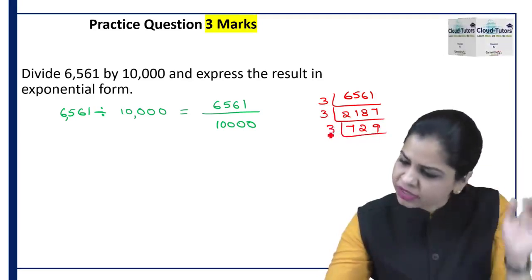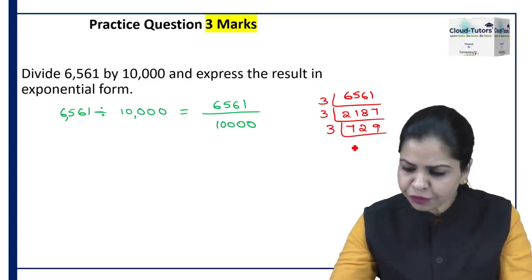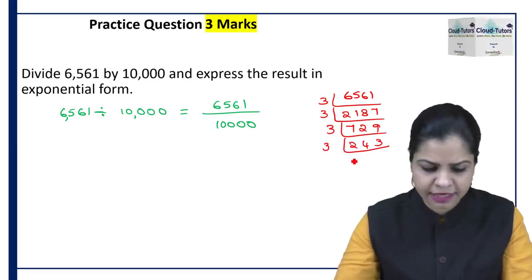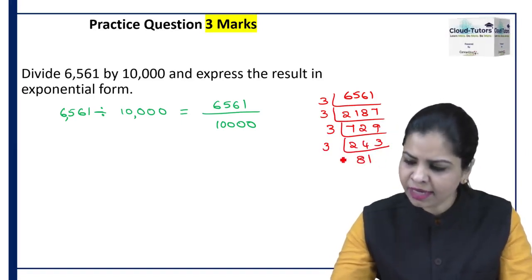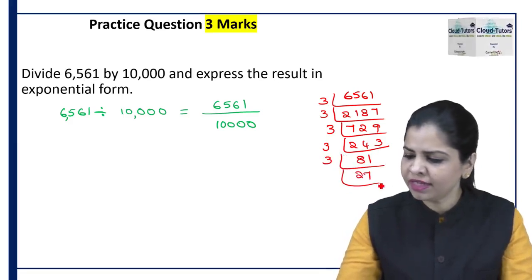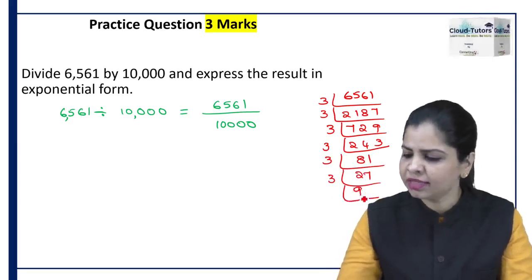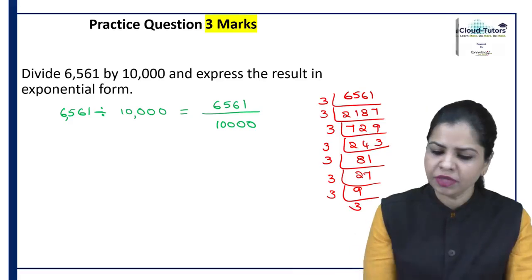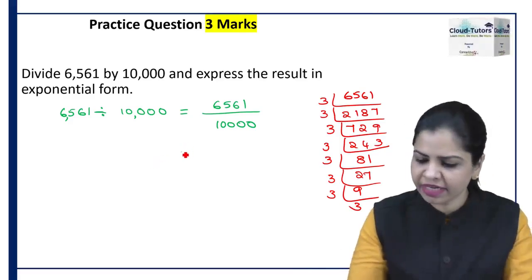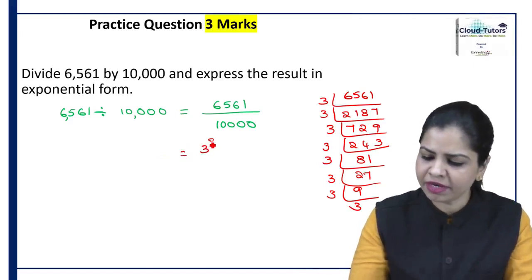And then again 3, 243. Again it is 3. And it would be 81. Again it is 3. It is 27. 3, 9, 3 and 3. So when I count them, they are 1, 2, 3, 4, 5, 6, 7, 8. This is 3 to the power 8.